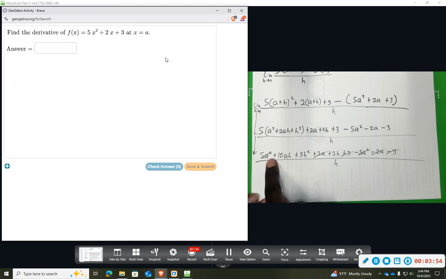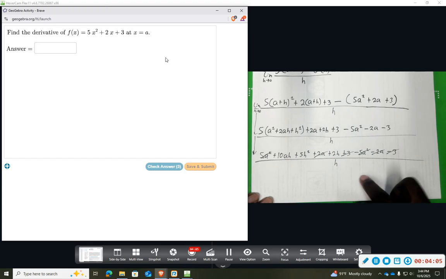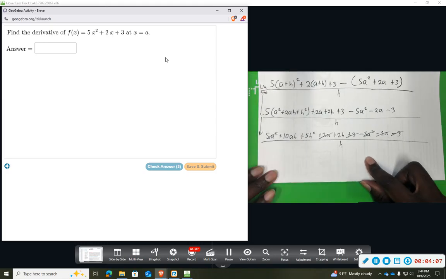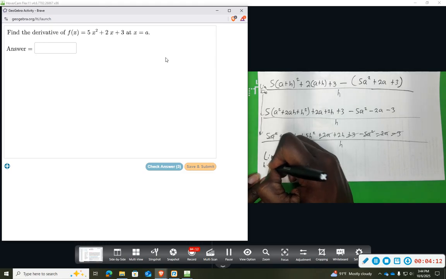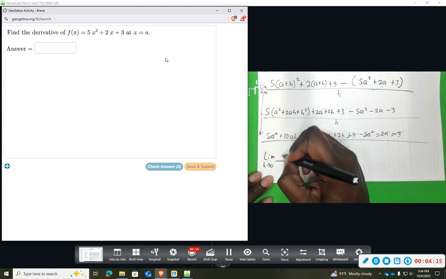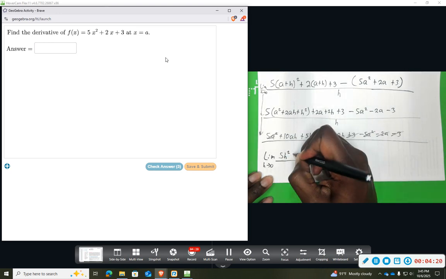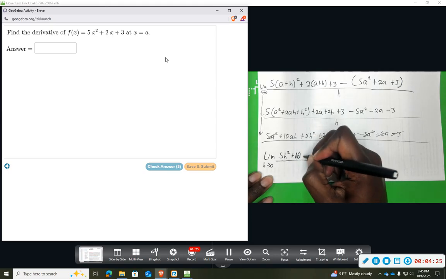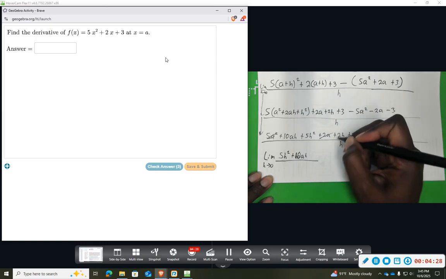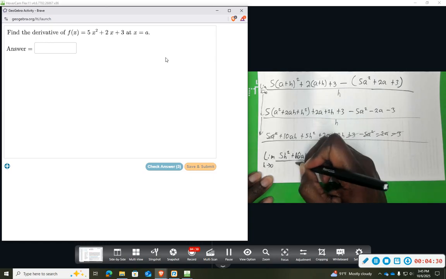Now what I'm left with are terms that have h and a in them. So I have the 10ah, 5h squared, and the 2h. So I'm going to simplify those, and then we're going to apply our limit. So now limit h goes to 0. I'm going to write this 5h squared plus 10ah and then plus 2h over h.